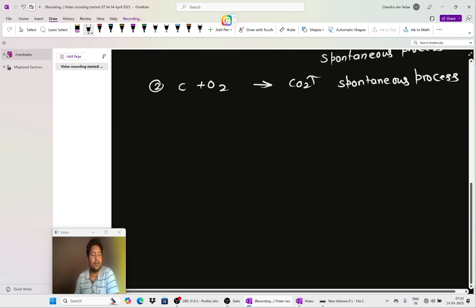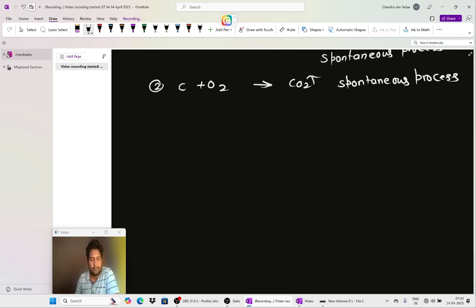Now we will discuss spontaneity by energy. Why will any process be spontaneous, or why will any process be non-spontaneous? This is explained on the basis of energy.